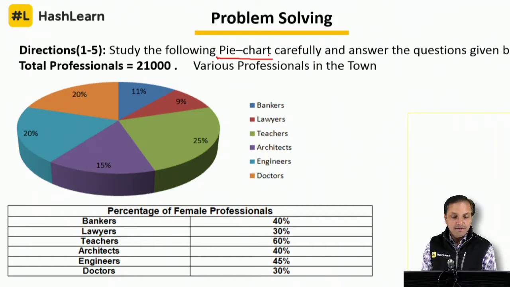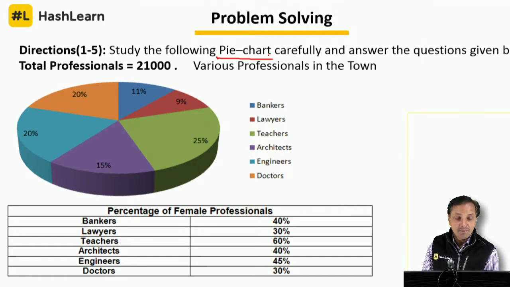So study the following pie chart carefully and answer the questions below. They are saying that there are a total of 21,000 professionals and the various professionals in the town are given.